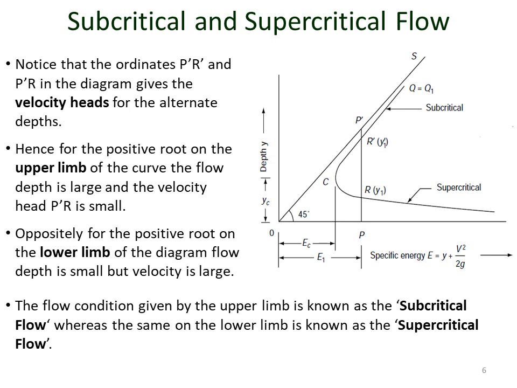The flow condition given by the upper limb is thus known as the subcritical flow, and the flow condition represented by the lower limb of the cubic parabola is known as the supercritical flow.